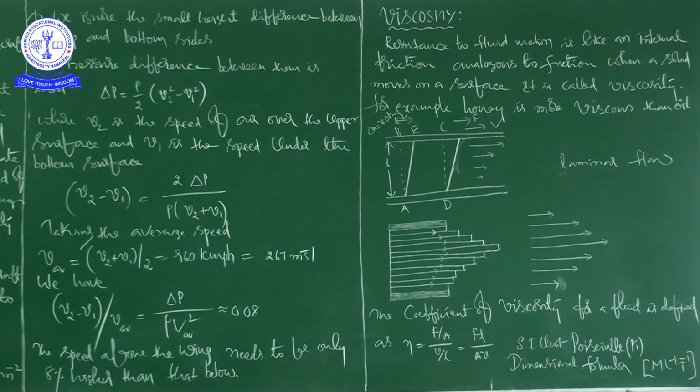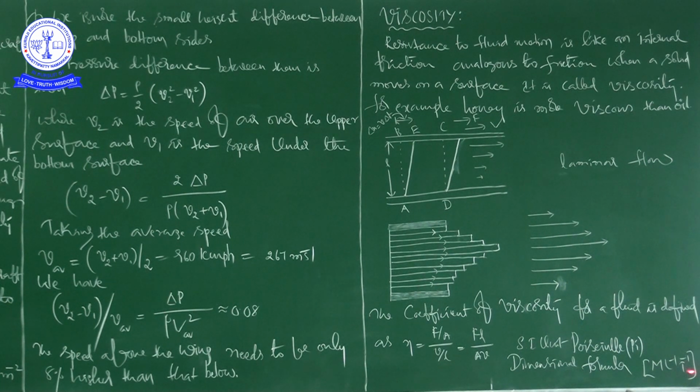Eta, the symbol we use for the coefficient of viscosity, is equal to F by A divided by V by L, that is equal to F into L by A into V. The SI unit of coefficient of viscosity is Poiseuille, or PL for short. Its other units are Newton second per meter square, otherwise Pascal second.